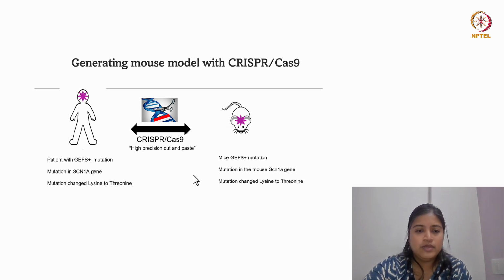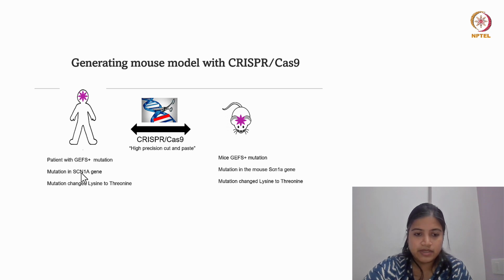Then we mapped the SCN1A mutation in the human patient, and we created a mouse model using CRISPR. CRISPR is precise gene editing, so it allows us to change one or a few base pairs in a gene in a targeted manner. So we could introduce the same mutation from the human patient into the mouse model.